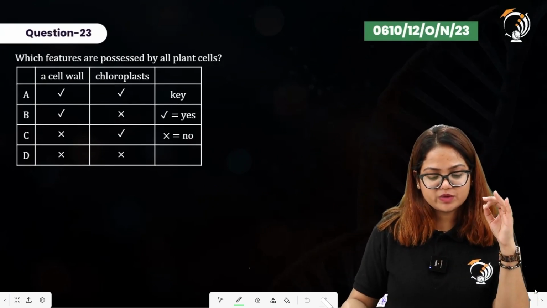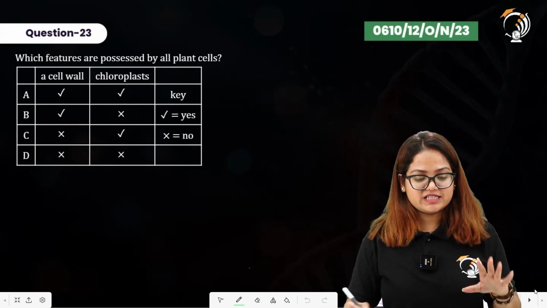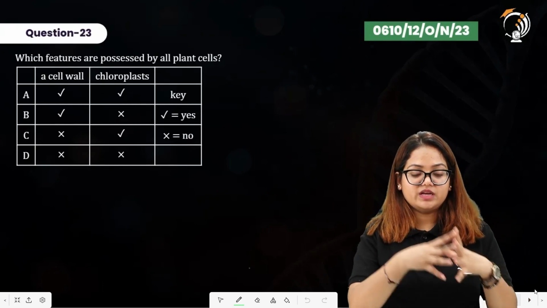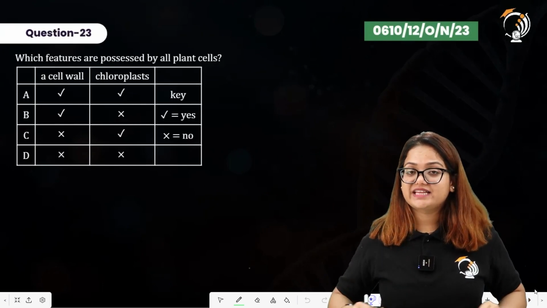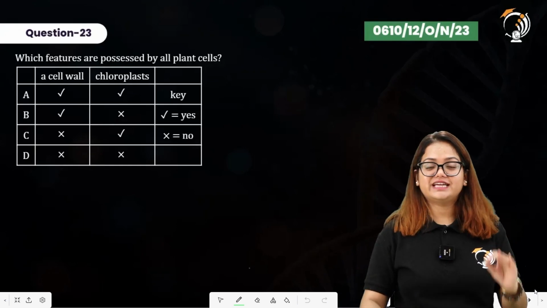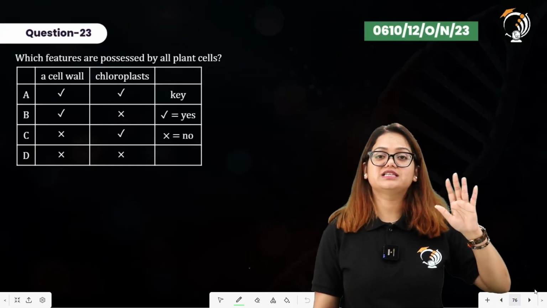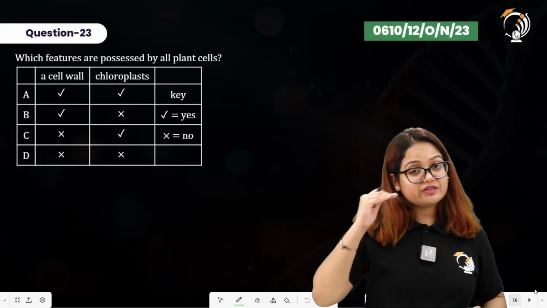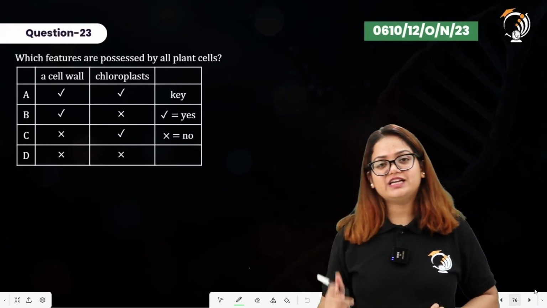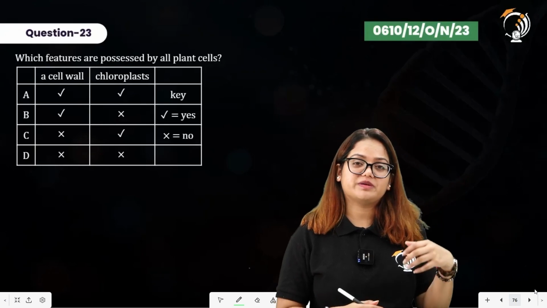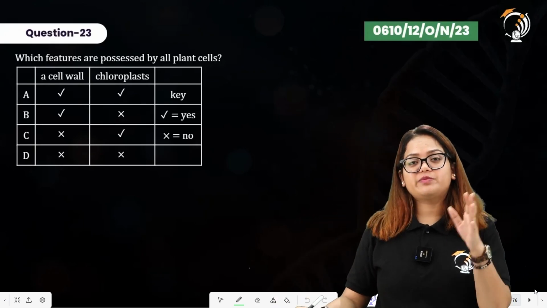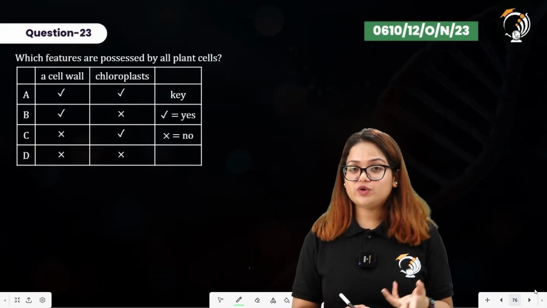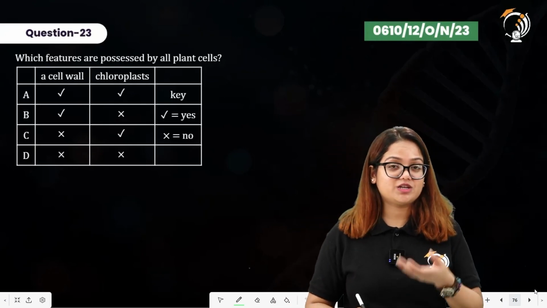Which features are possessed by all plant cells, and we have to compare cell wall with chloroplast as well. So cell wall is the characteristic feature of any plant cell. Whenever we talk about a plant cell, cell wall will be there. Whenever we talk about chloroplast, there is this condition that these cell structures will be present in those cells that are performing the process of photosynthesis, and it will not be present in all kinds of cells.